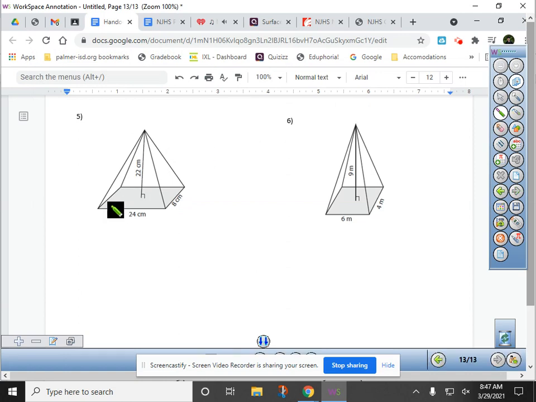What is this figure? This is not a square. What is this figure? Write it down.